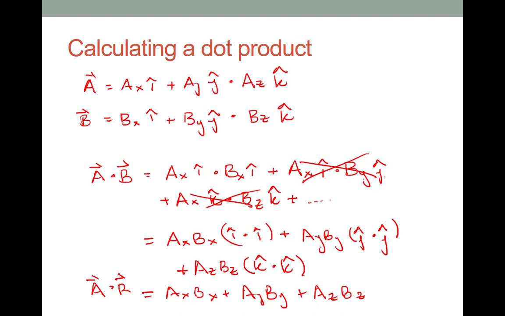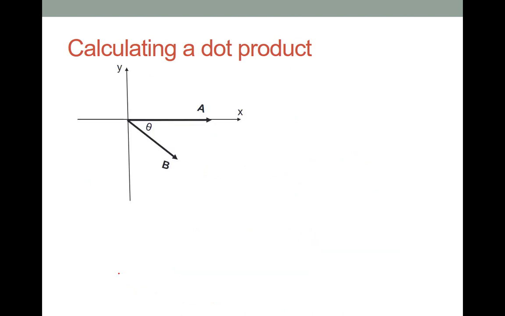Another way you can think about this is by considering, what do these components look like? Here I have two vectors, A and B, defined in a coordinate system. We can see that A will equal AX i hat only. B will have two components.